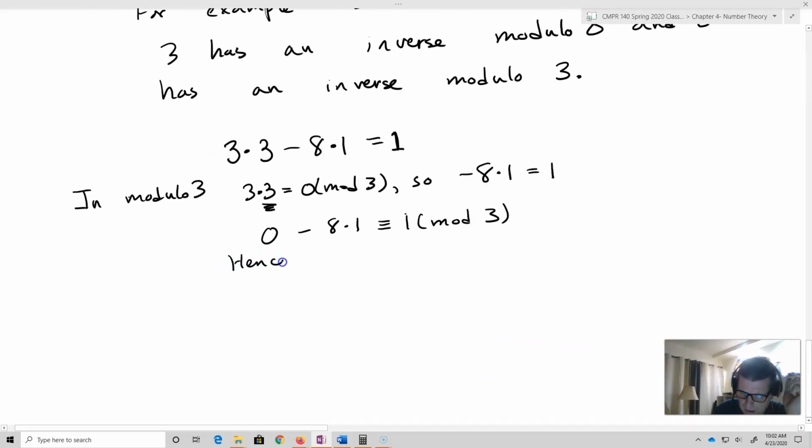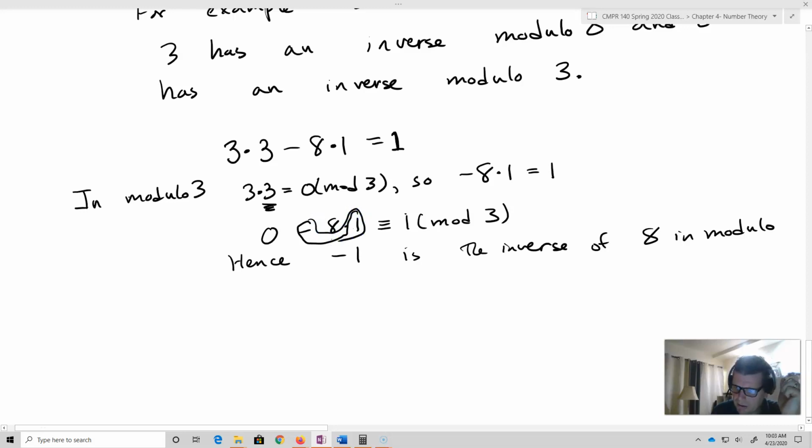Hence, negative 1 is the inverse of 8 in modulo 3. The scalar, which ends up being negative 1, is the inverse of 8 in modulo 3.